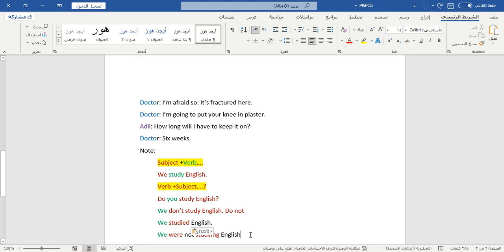The negative sentence is we were. We, subject, were. Why were? Because the sentence is in the past tense. So I should come with were, referring to the past tense, not was, because the subject is plural. We were not or weren't.